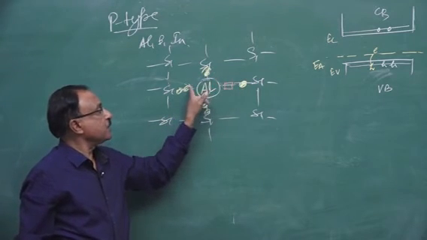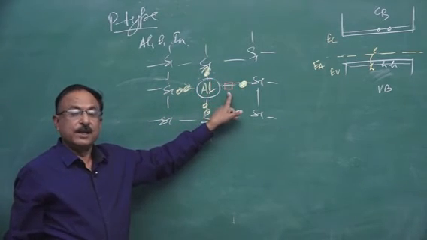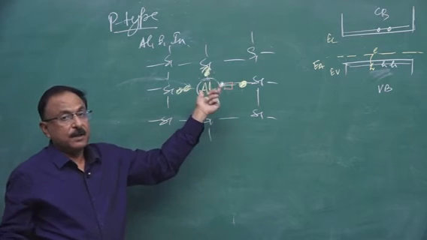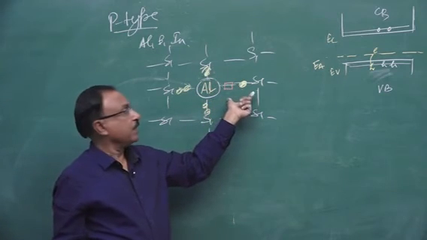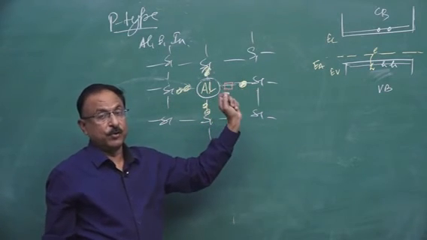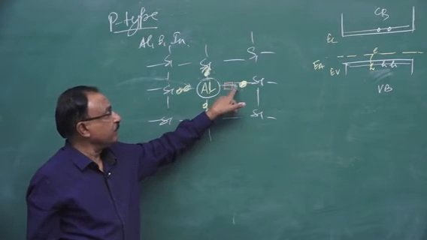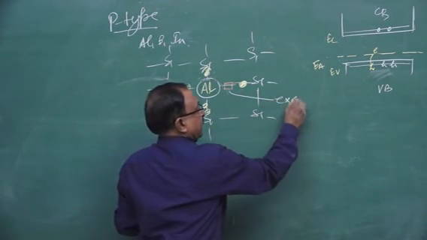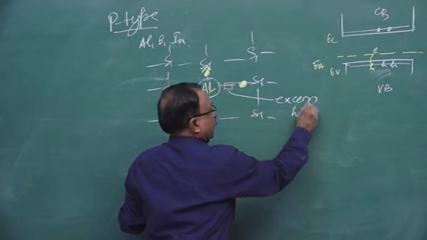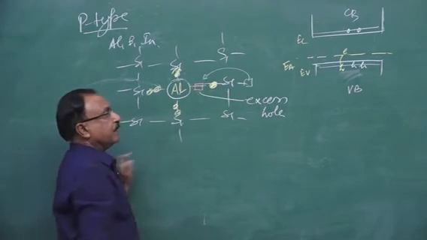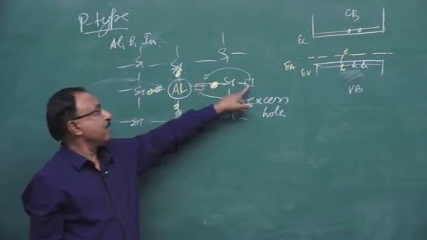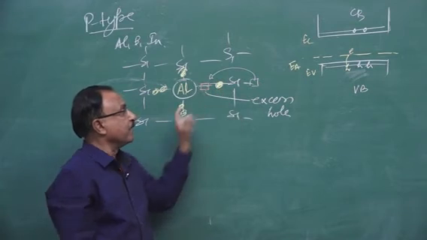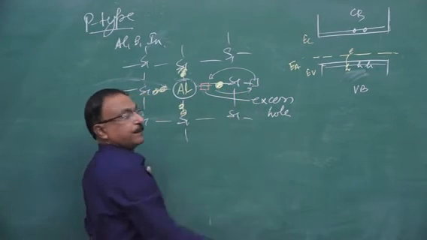In this process, it shares 3 electrons, but it has a deficiency of 1 electron to form the 4 covalent bonds. So at one of the bonds there appears one excess hole. This is a positively charged vacancy which can attract an electron. The electron may come over here and the hole may shift to this side.